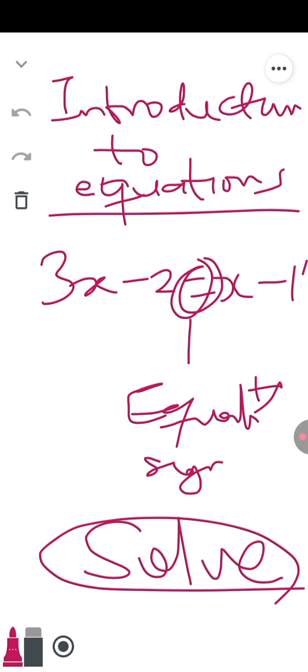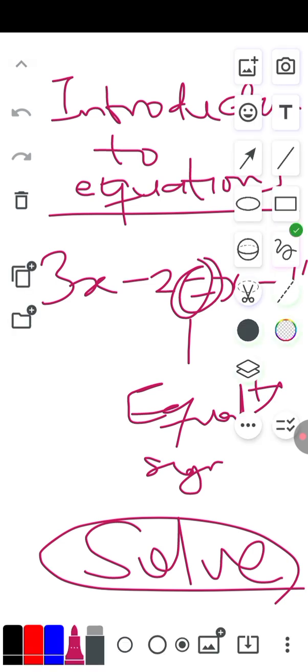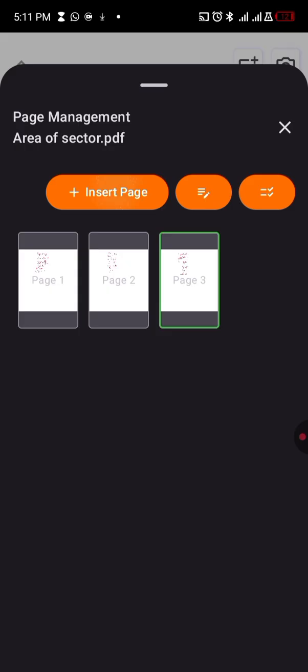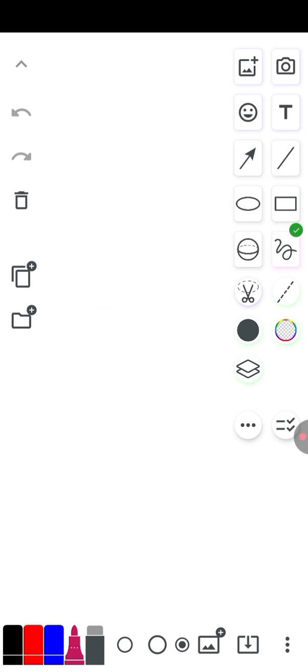What does it mean to solve? Okay, let's talk about solve. I believe everybody knows the meaning of simplify. We defined simplify the last time. I said to simplify means to make it a bit smaller, right? And by now, everybody knows how to simplify. You do that by just collecting the like terms, adding or subtracting as the case may be, and just making it smaller. Is that okay? So now when I say solve, what does it mean to solve?